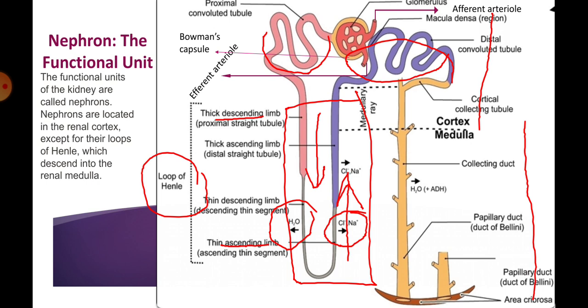And the last, this distal convoluted tubule joins with this tubule, the yellow colored tubule in this figure, called the collecting duct. Many nephrons join together and form a collecting duct. The collecting duct collects the urine.